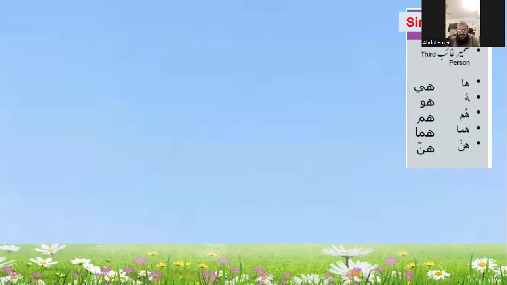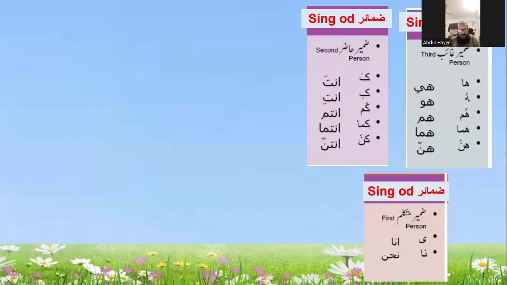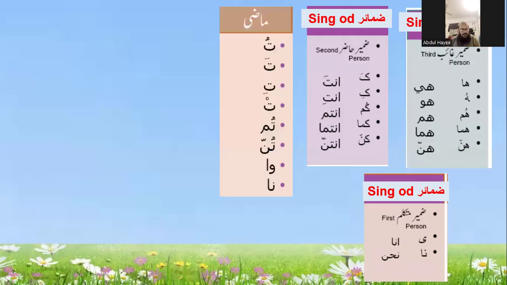For the ghaib: ha, hu, hum, huma, hunna, hiya, huwa, hum, huma, hunna. For the second person: ka, ki, kuma, kum, kunna, anta, anti, antuma, antunna. For the first person: ya, na, and ana, nahnu.